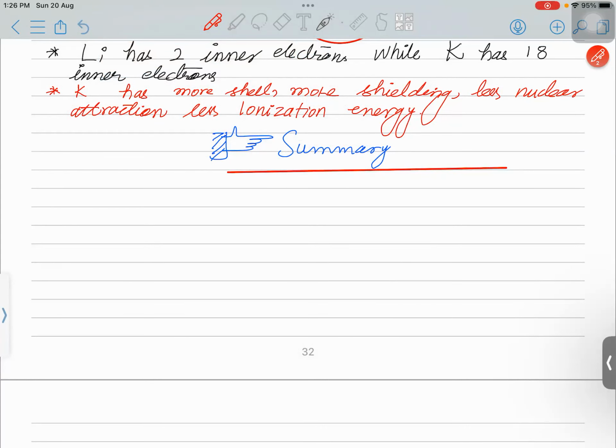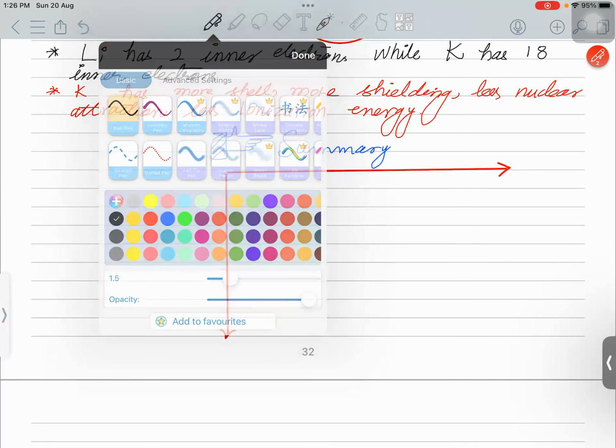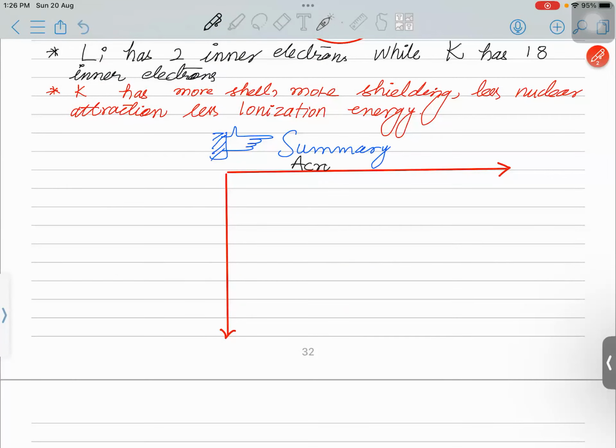Let's suppose this is the periodic table, and this indicates across the period, and the second one indicates down the group.